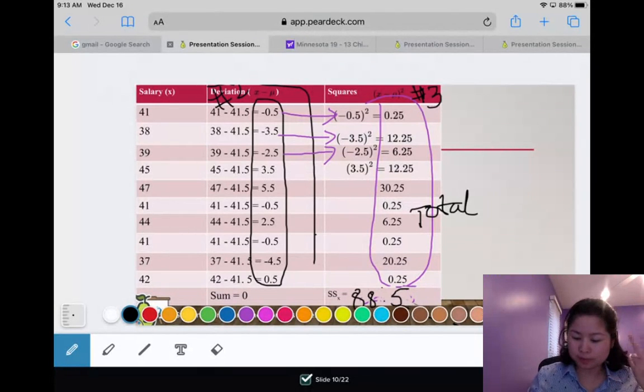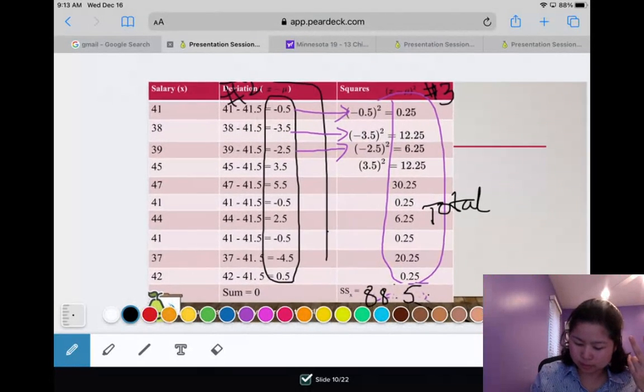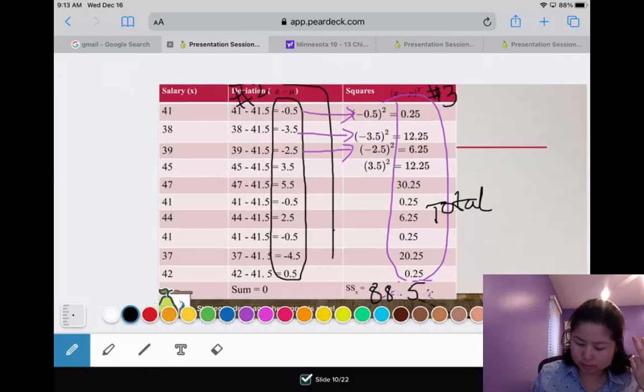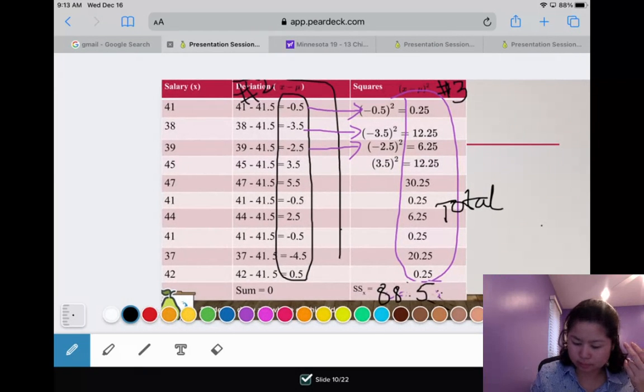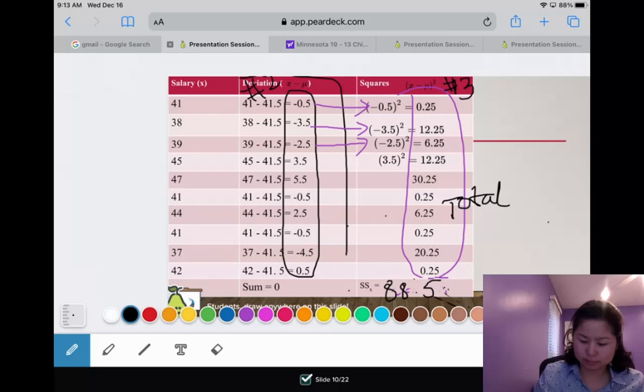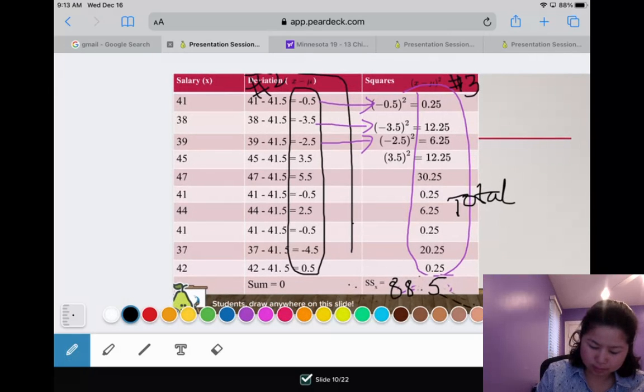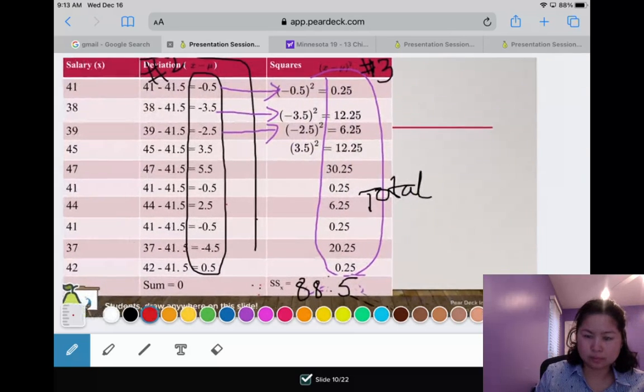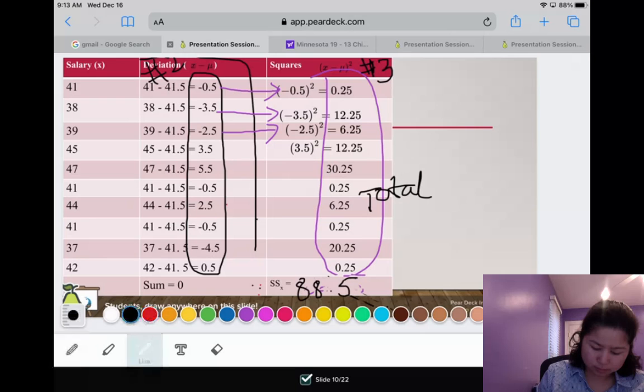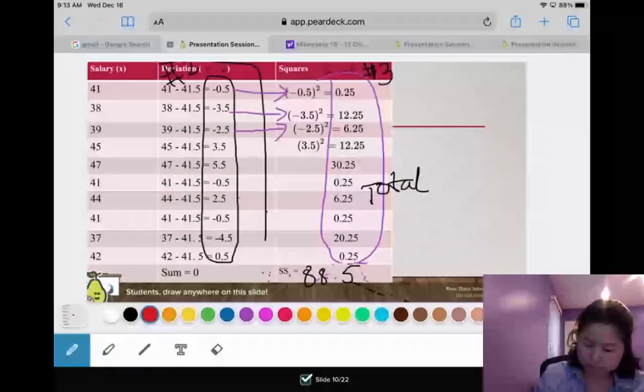Step number 4 is when we find the total. So I'm going to jot down step number 4.